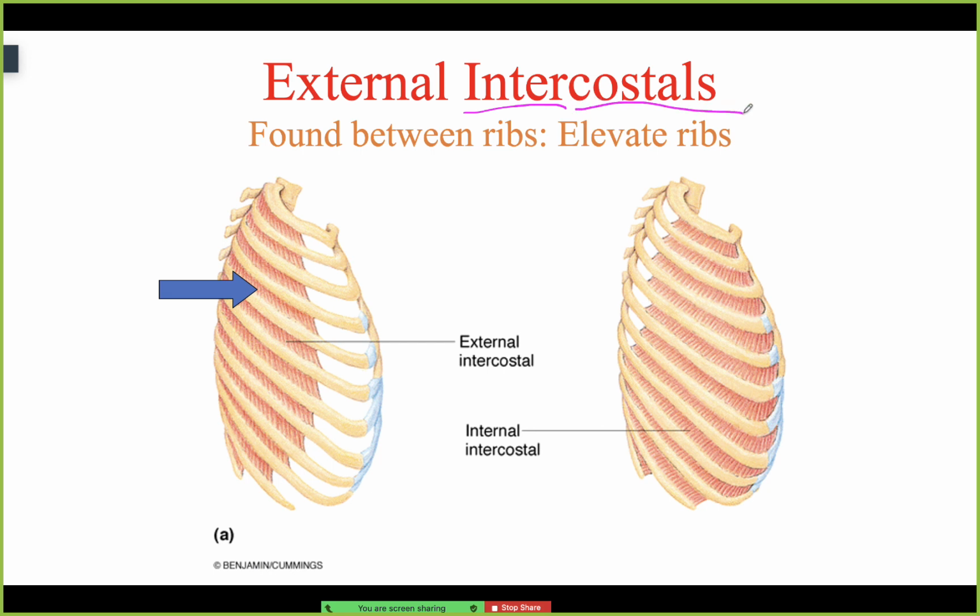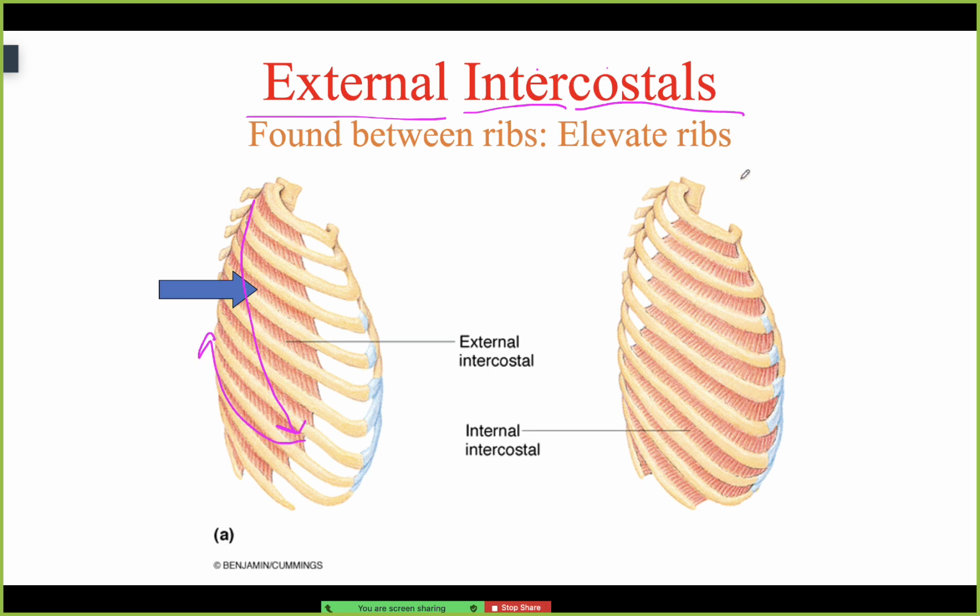You guys now know that costal means ribs. So in between ribs. The external intercostals are going to be found moving from the outside towards the medial side. And those guys are there to elevate your ribs. They pull your ribs up.